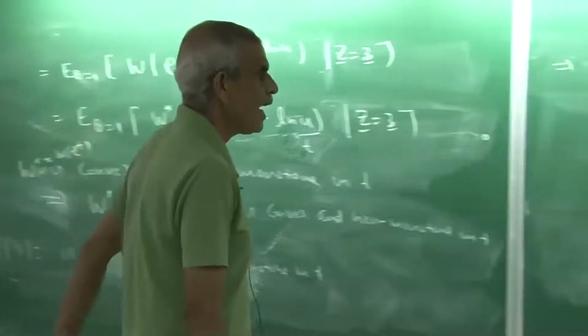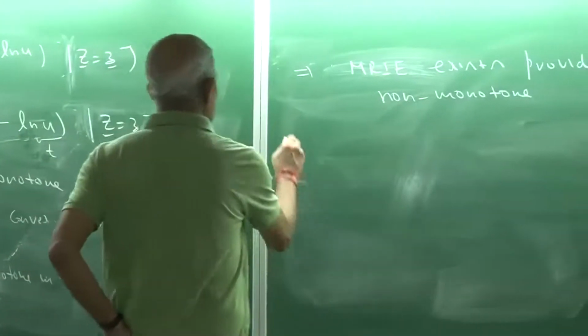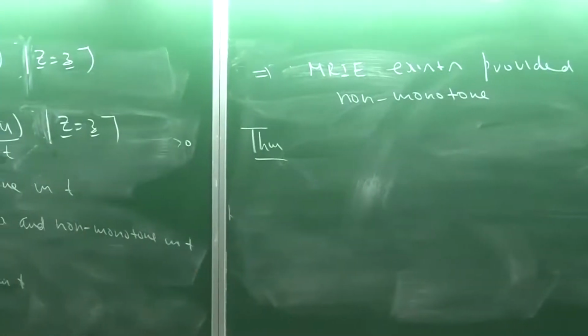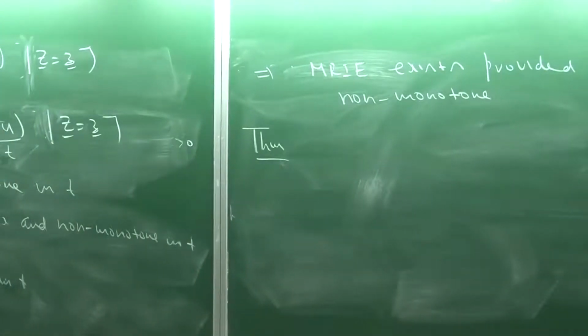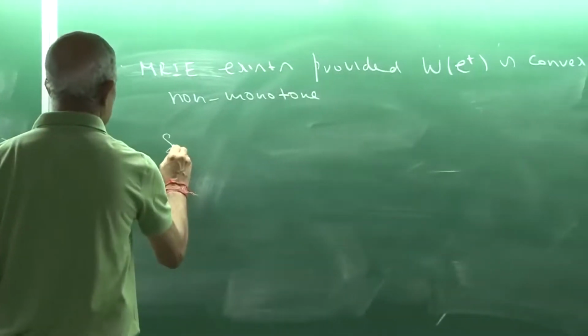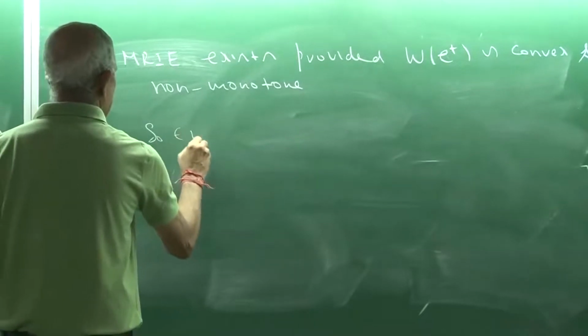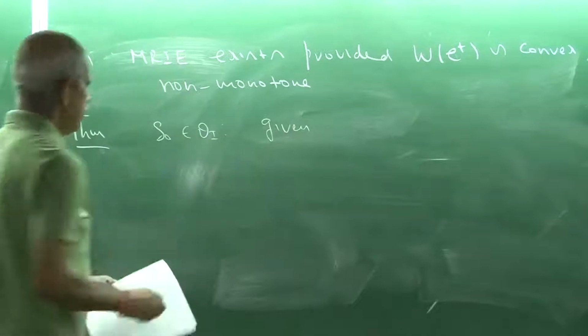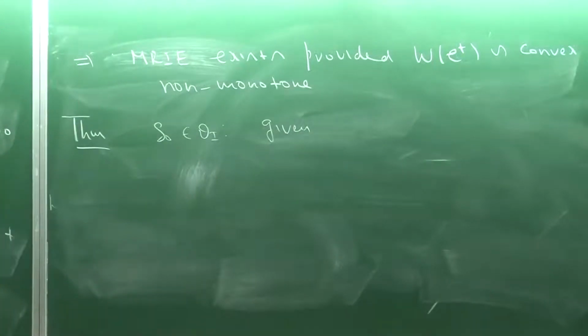So I get the theorem, which is as follows. Let me write down the exact statement. The theorem says: delta naught is given, so this is any given invariant estimator.